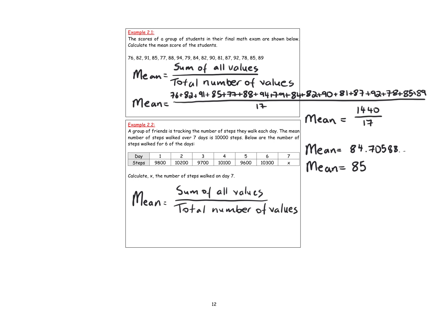The mean here is 10,000. We got that from the question, as it says the mean number of steps walked over 7 days is 10,000. The sum of all values is what we get from the table.